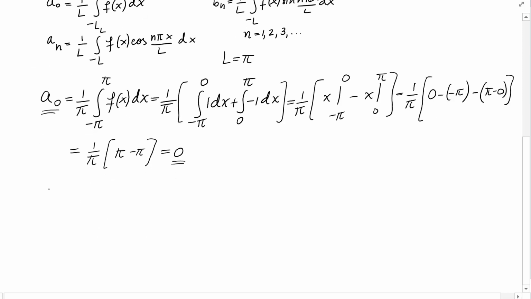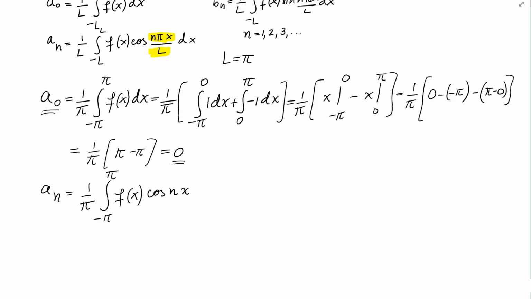Let's calculate a sub n. A sub n is 1 over pi integral from negative pi to pi of f of x. It has two expressions, so I'm just going to copy it from now like that. Cosine of nx, because we have n pi x over L, and since L is pi, the pi can cancel.